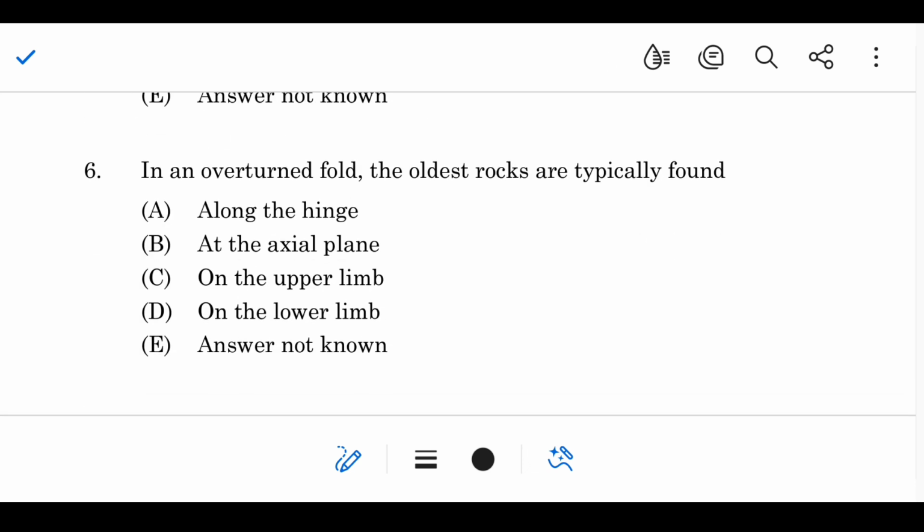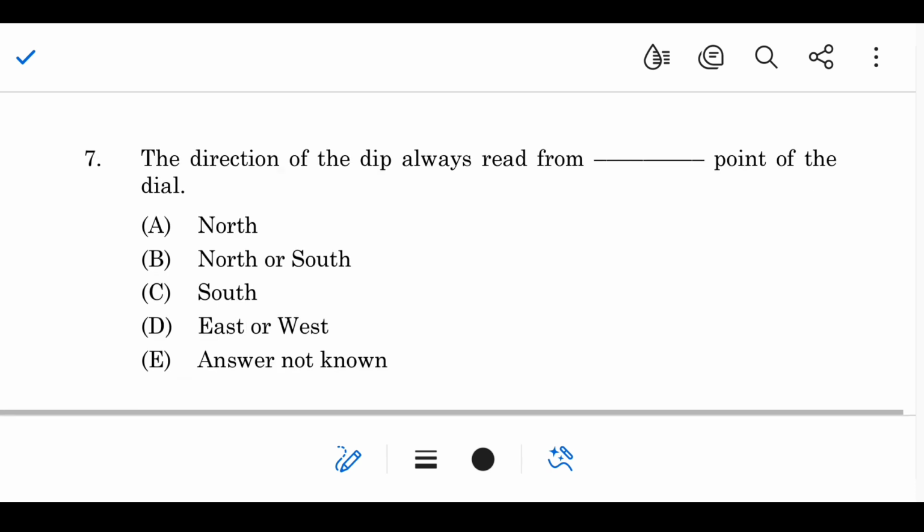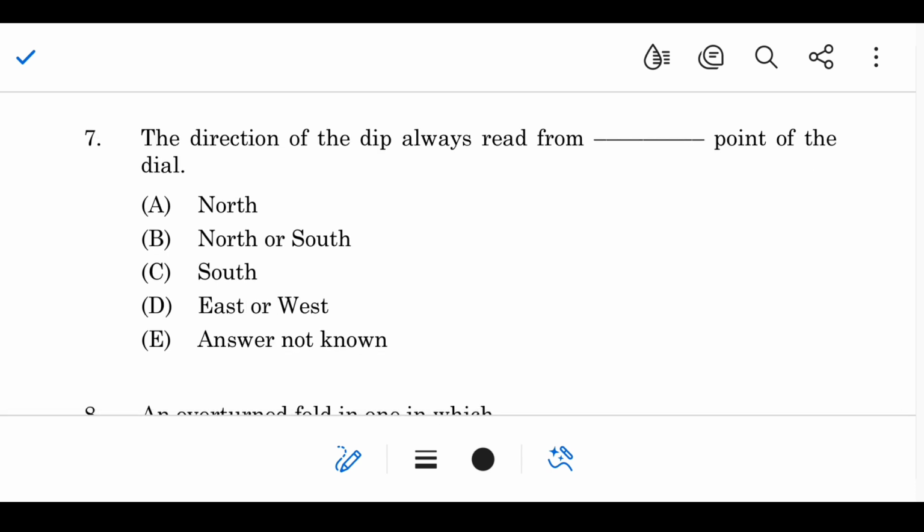Sixth question, in an overturned fold, the oldest rocks are typically found on the lower limb. Seventh question, the direction of the dip is always read from the north or south point of the dial.